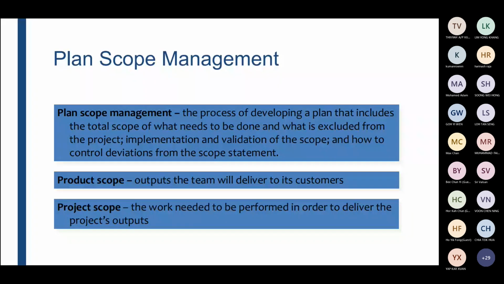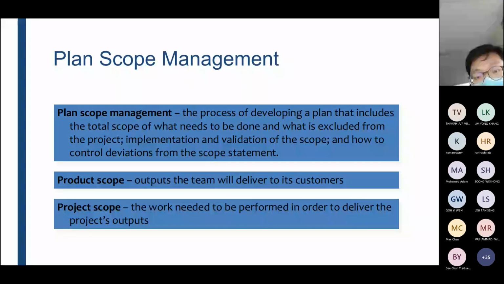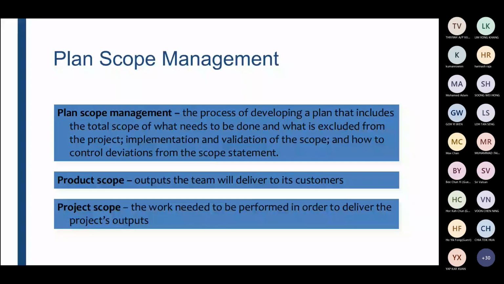Next, let's look at project scope. Like what we have discussed, the work needed to be performed in order to deliver the project output. So all the processes in detail, all the activities, all the tasks, and this is what you will have in your Gantt chart, so that you don't miss out anything.